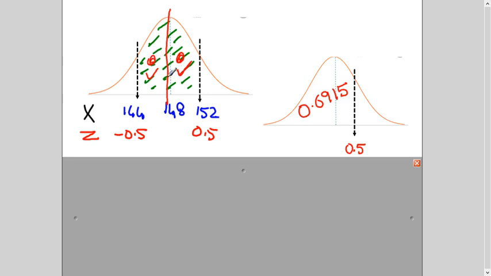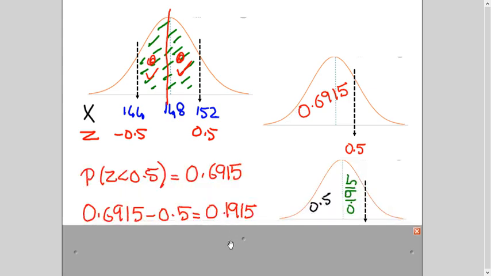So what I'm telling you now is that if you know the probability less than 0.5 is 0.6915, this whole thing, then from this whole thing, if I subtract 0.5, I will get only this portion, which is 0.1915.